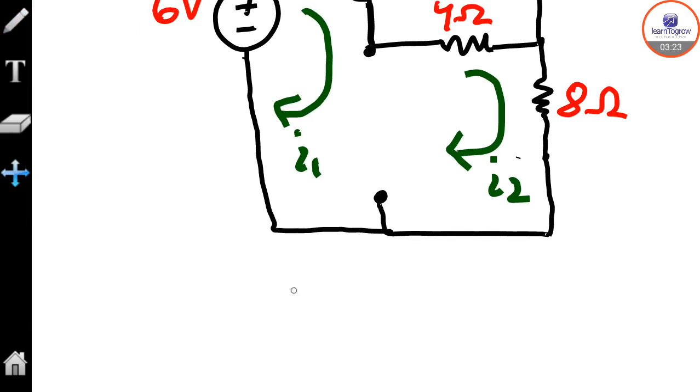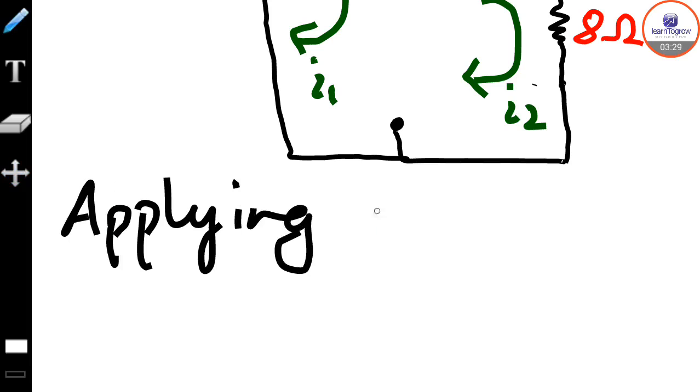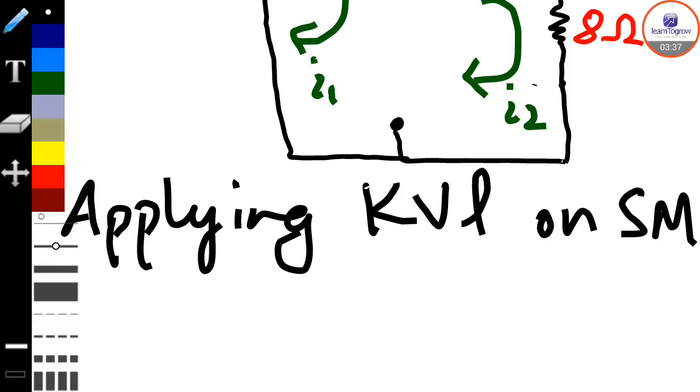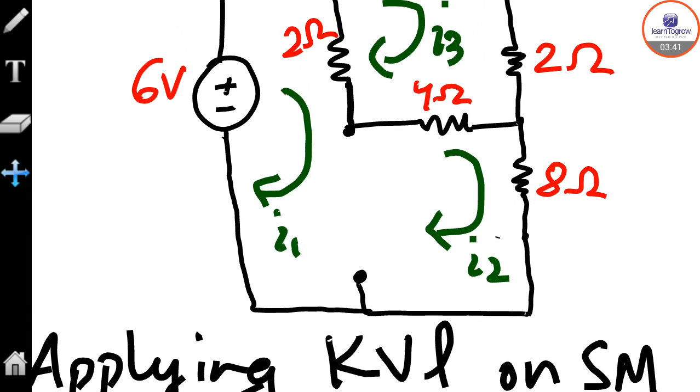Applying KVL on the supermesh, we will take all the things according to the current. The currents will not mix up, only the circuit has opened.